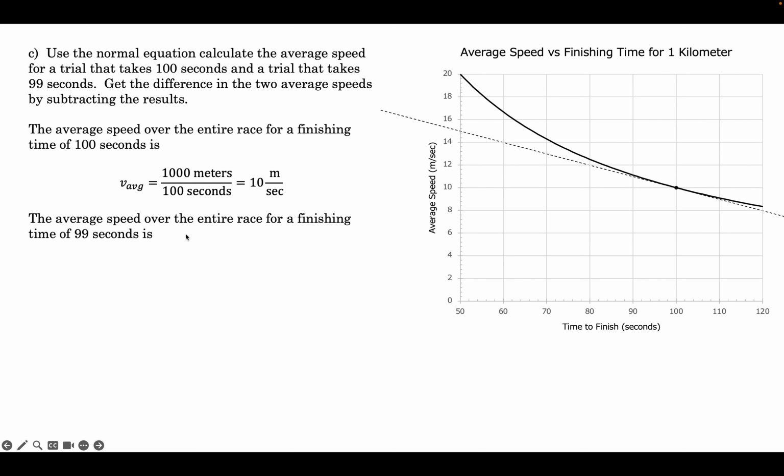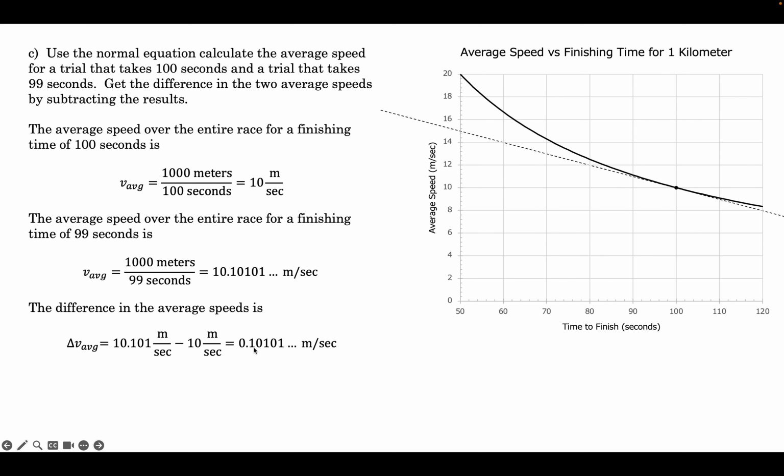If it takes you 99 seconds, your average speed is 10.10101010, etc. So the difference exactly is 0.10101, and our estimate from the tangent line was 0.1. So a little bit different, as expected.